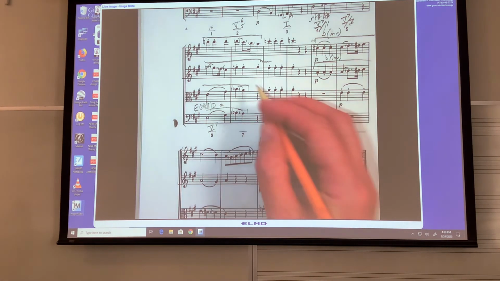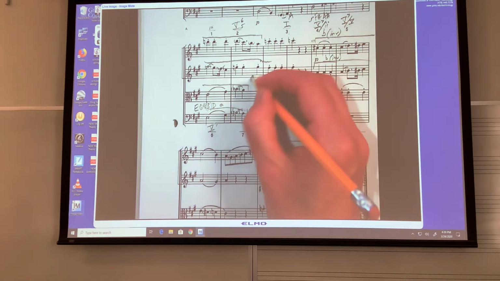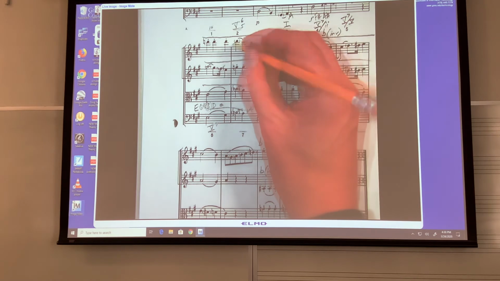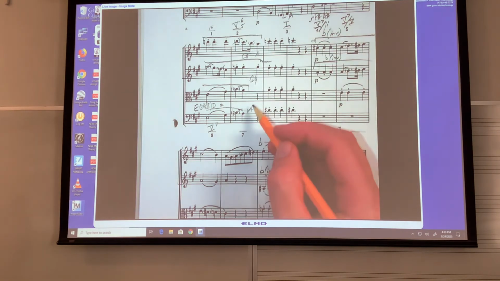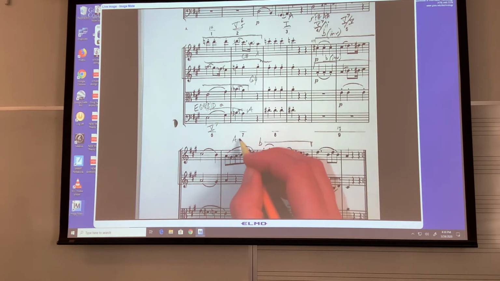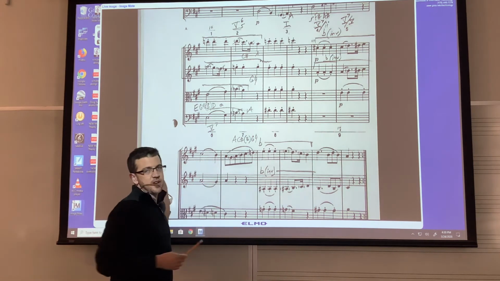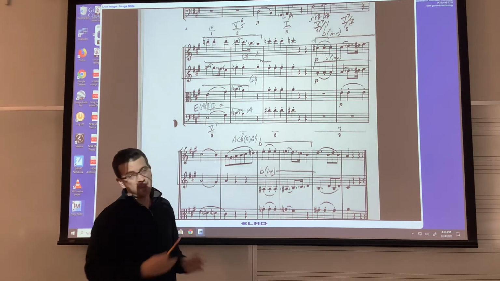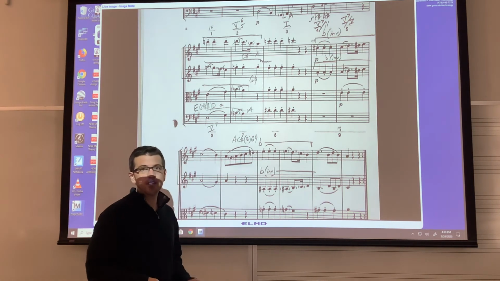Let's see what happens. We have A, G natural, and C sharp. So here's our chord. A, C sharp, G natural. Because this is an A chord, it's tempting to label it as a 1, but it's not a 1. The G natural pulls it out of the key of A major.